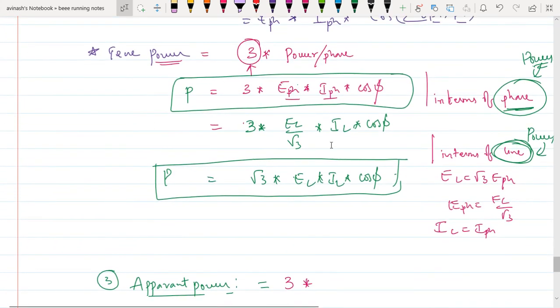Okay, hope you remember this point. This is the formula we have to remember.